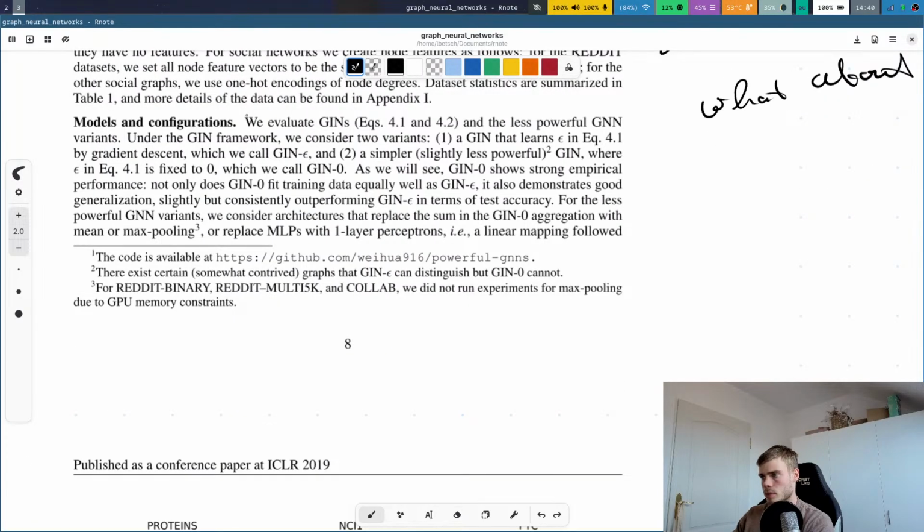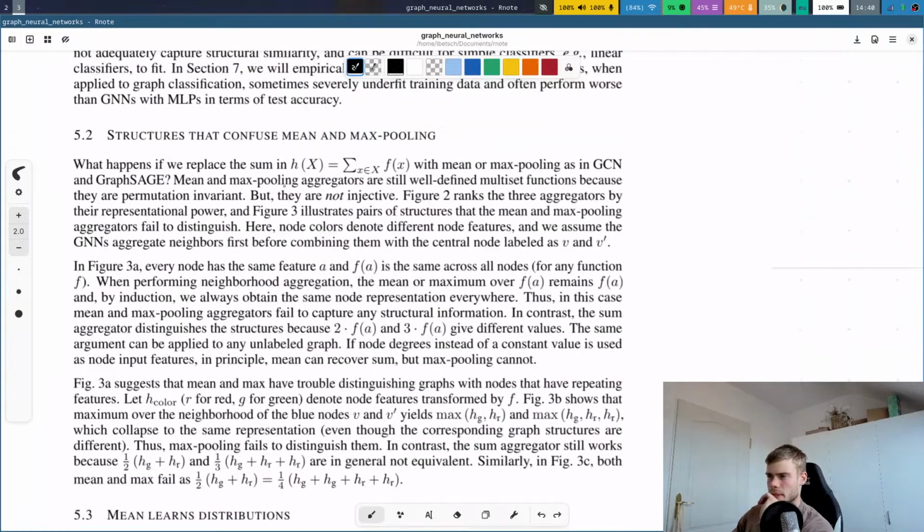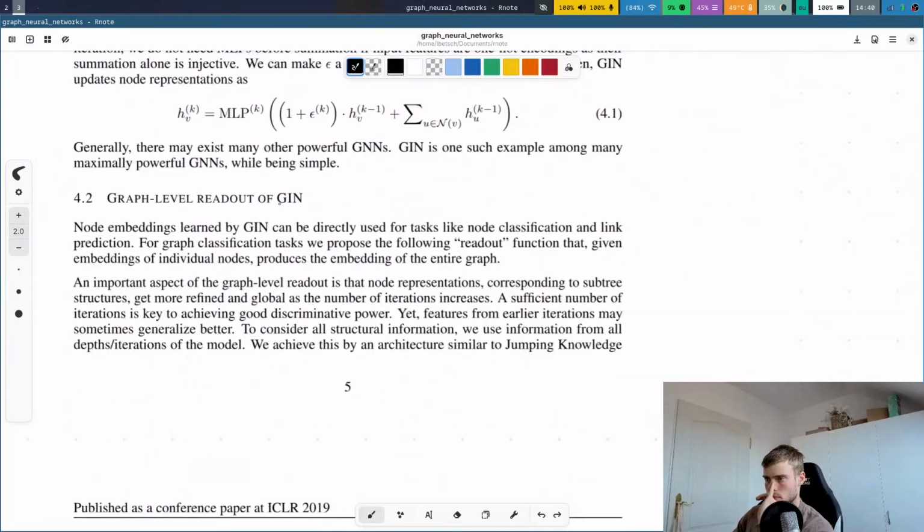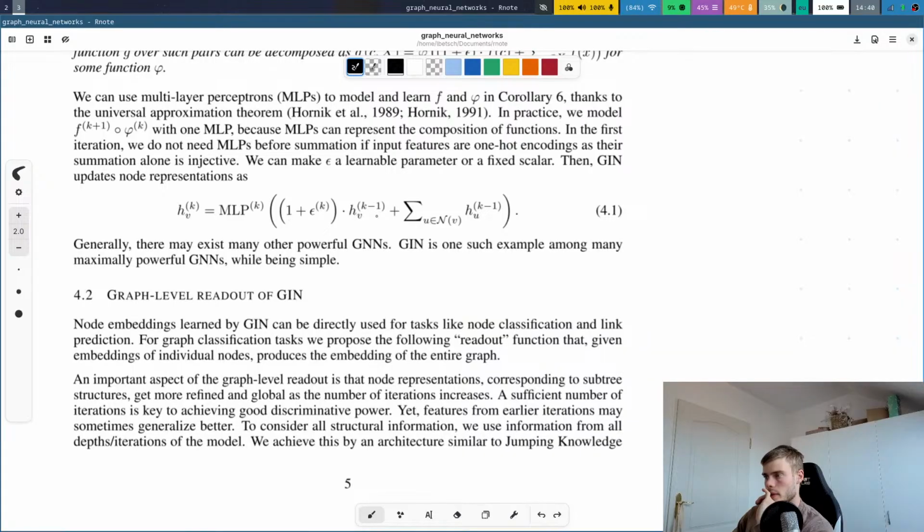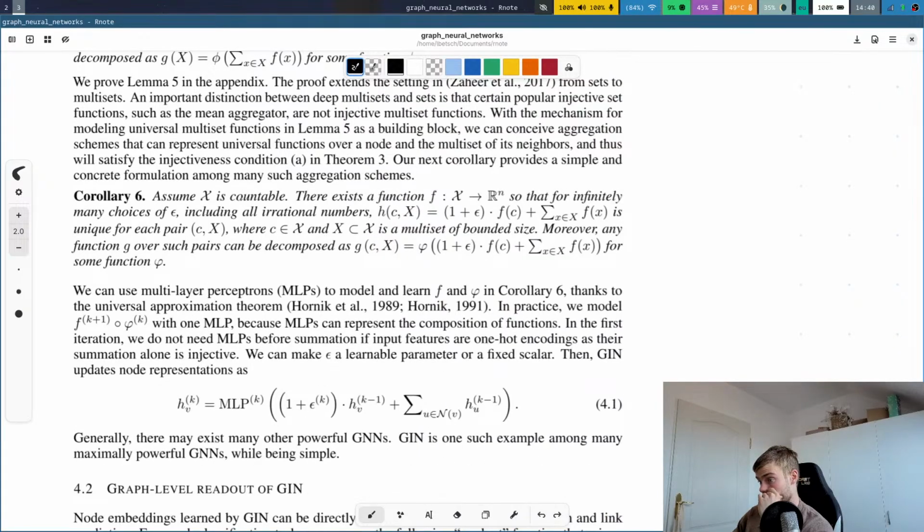Models and configurations. We evaluate GIN's equations 4.1 and 4.2. Let's look at them again. So 4.1, this is the aggregation and combination.